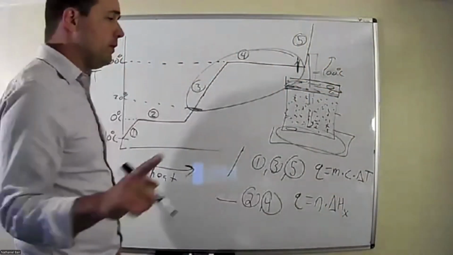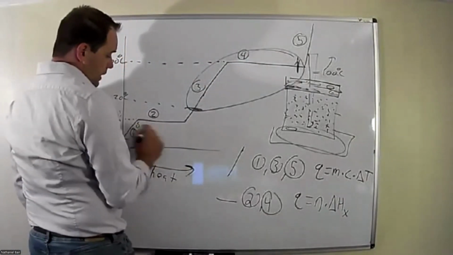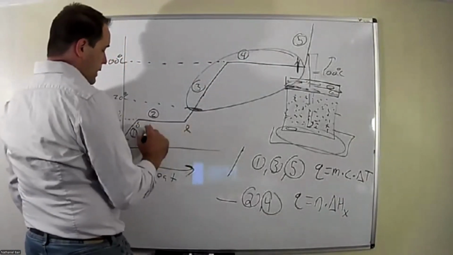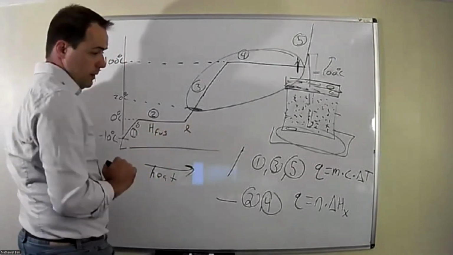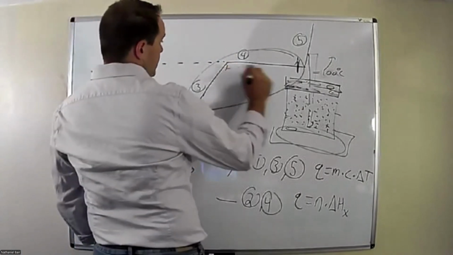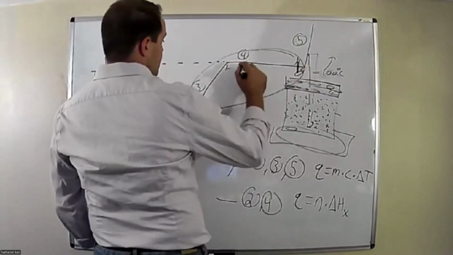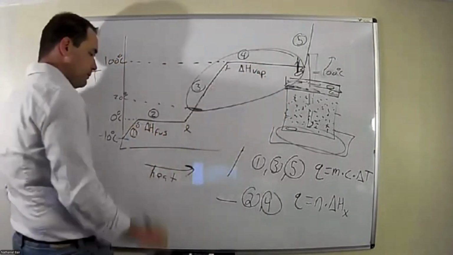Now, the constant when you're going from solid to liquid is called the enthalpy of fusion. And the constant when you're going from a liquid to a gas is called the enthalpy of vaporization.